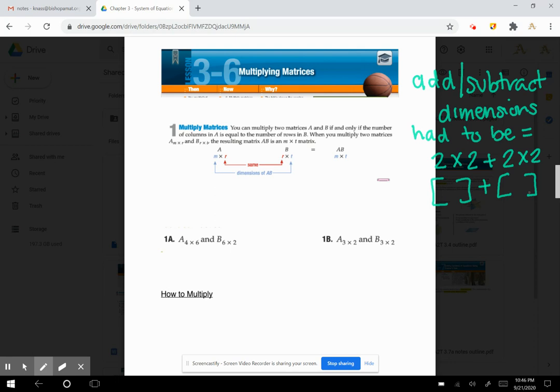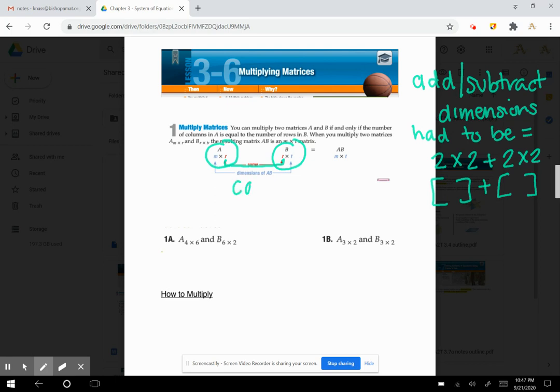So for multiplication, you need to write down the dimensions of the matrix. Right here, we're going to take matrix A, which is M by R, and matrix B, which is R by T. As long as these middle numbers are equal, you can multiply them.